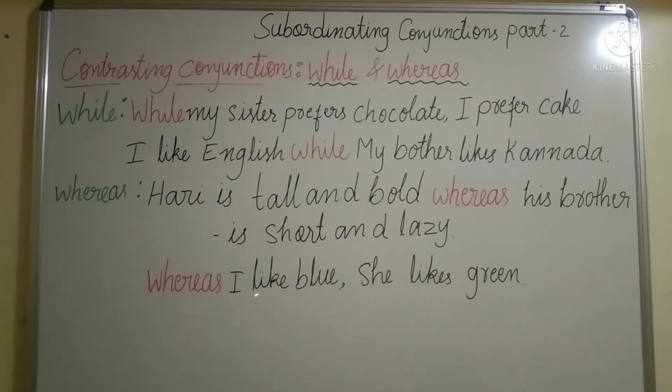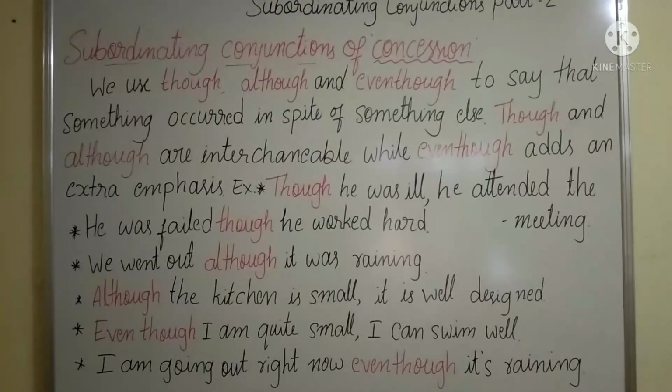Okay, I like blue, she likes green. So in this way we can use while and whereas to express contrast between two facts or two ideas or two statements. Now let's move on to subordinating conjunctions of concession.